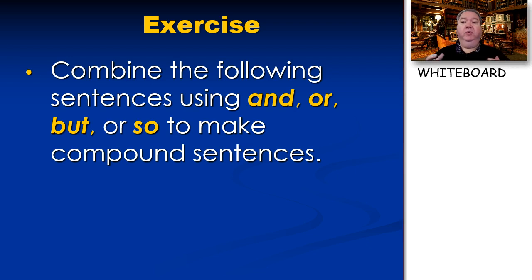sentences. Remember, when you make a compound sentence, you basically take 2 sentences, 2 independent clauses, or ICs. You take 2 independent clauses and join them together with a conjunction. What do you need before the conjunction? A comma.